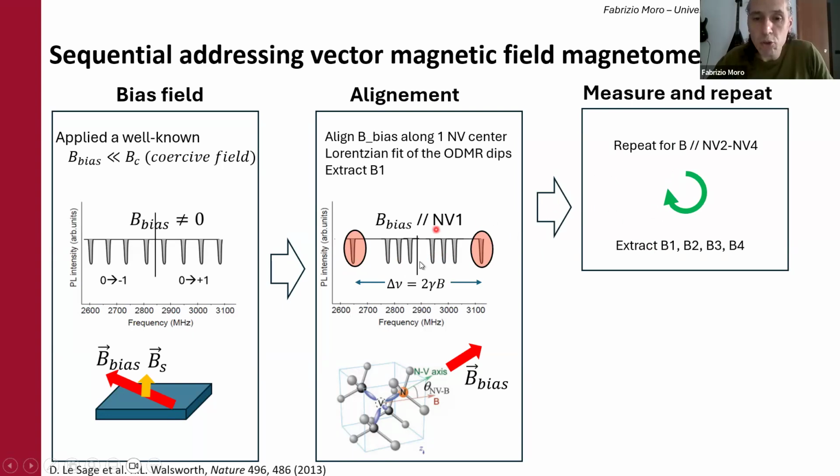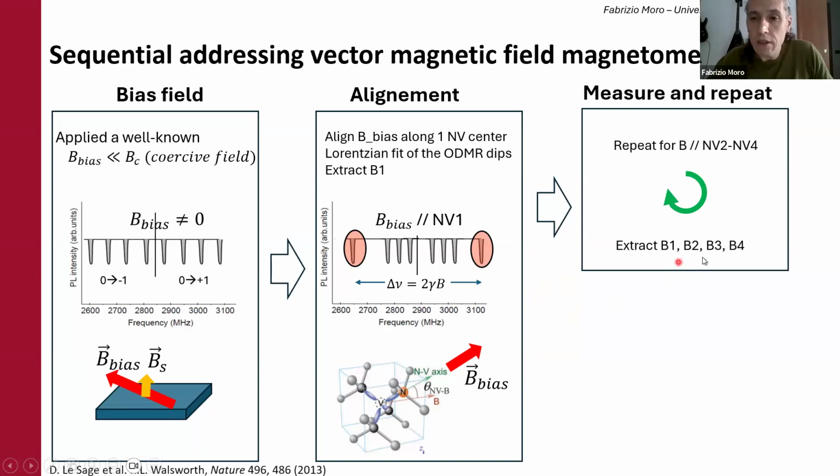And then by repeating the measurements, aligning the bias field along the other three crystallographic directions of the NV center, you can extract all the B1, B2, B3, and B4 components of the magnetic field of the sample along the four crystallographic directions of the NV centers.